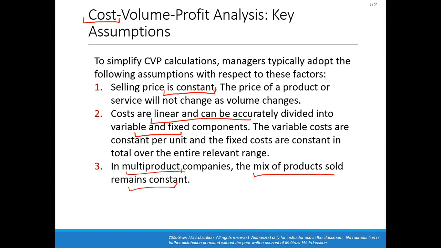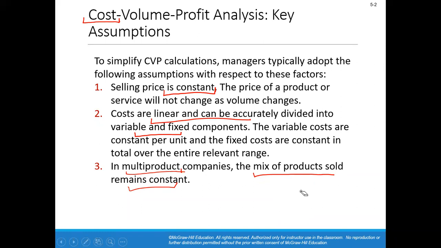Say Pran has 5 products for simplicity, and Pran juice has a 20% share in their product mix in terms of sales volume, and they have some other food products which have other percentages. This kind of mix cannot be changed in the analysis.